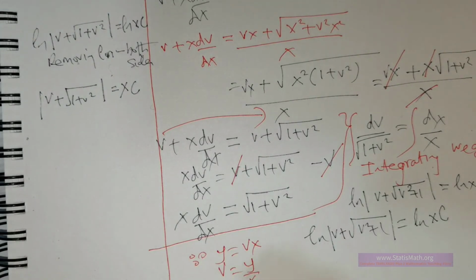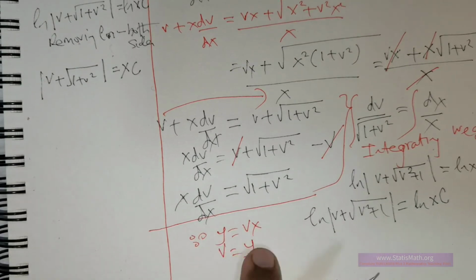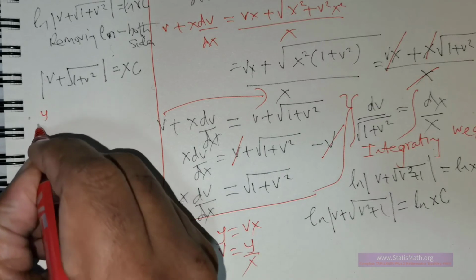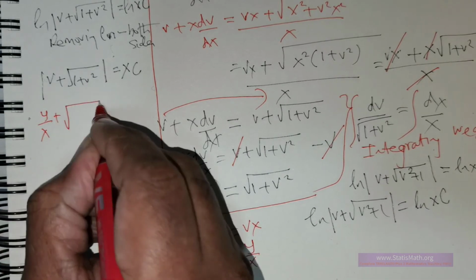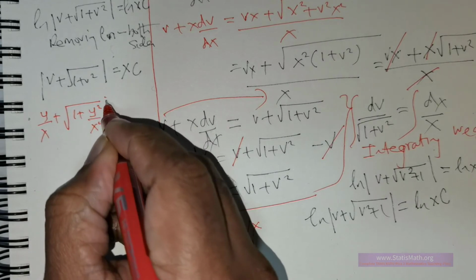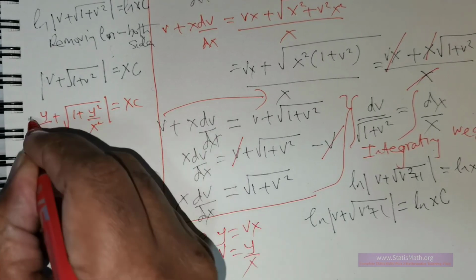Since y = vx and v = y/x, if we substitute that, we get y/x + √(1 + y²/x²) = xc.